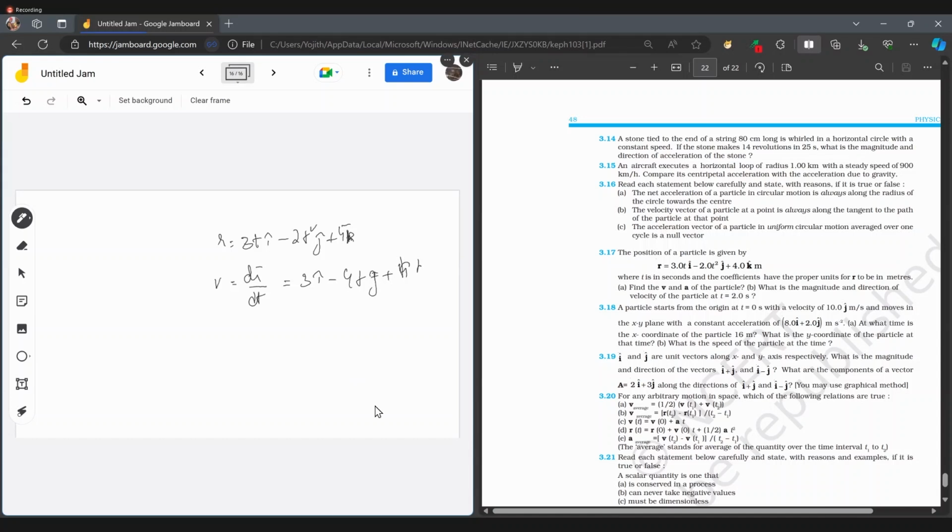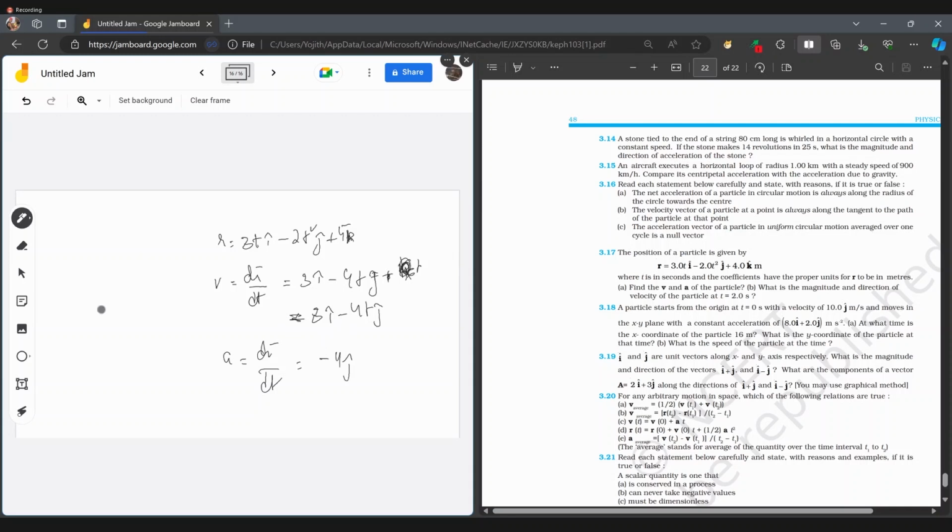Basically, that is the acceleration and velocity. Now, what is the magnitude and direction of the velocity vector at 2 seconds? At 2 seconds, we can calculate the magnitude from here.